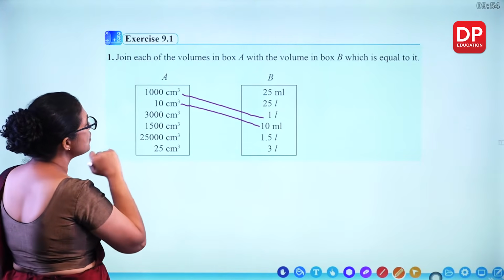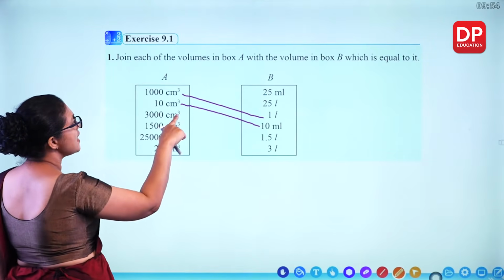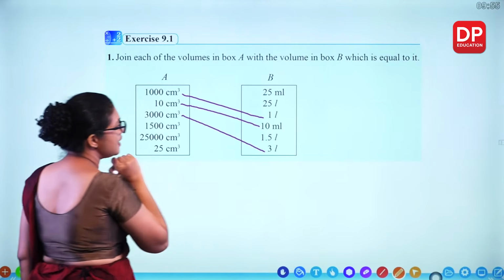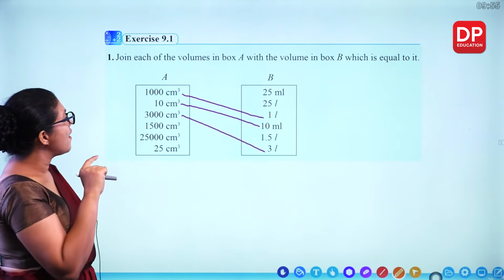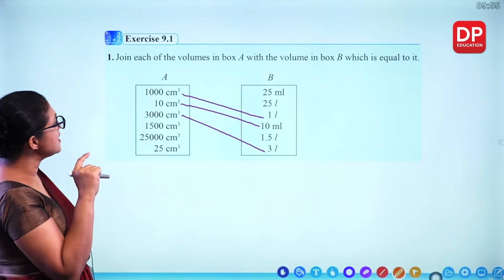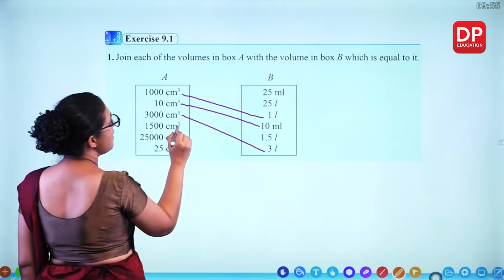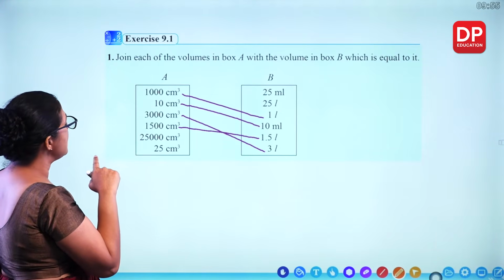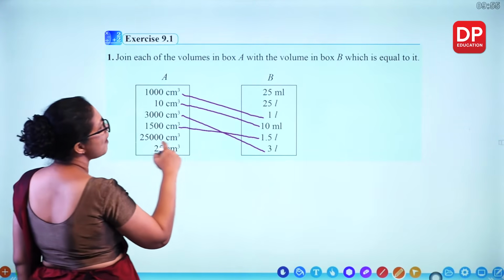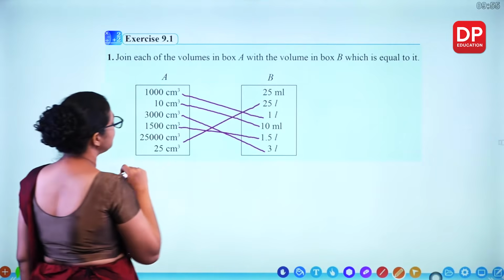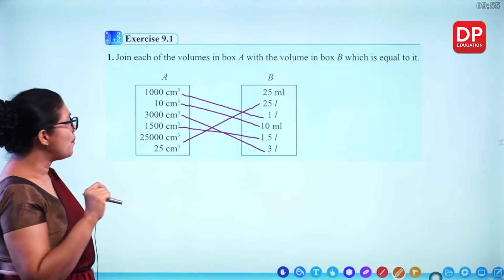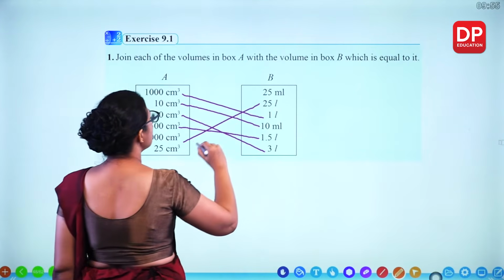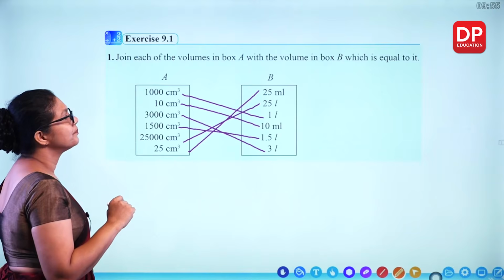Then 3000 cubic centimeters divided by 1000, you get liters. 3 liters. 1500 cubic centimeters is 1.5 liters. 25,000 cubic centimeters divided by 1000, 25 liters. 25 cubic centimeters is the same as milliliters. That's this one.